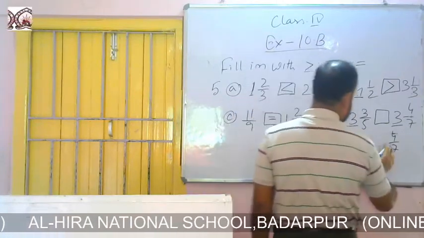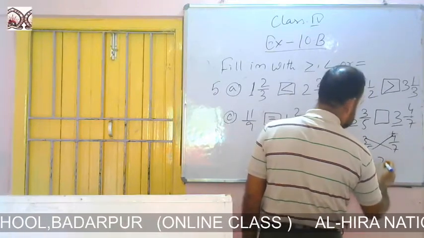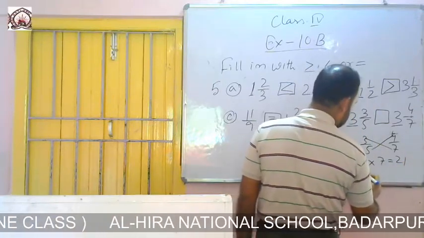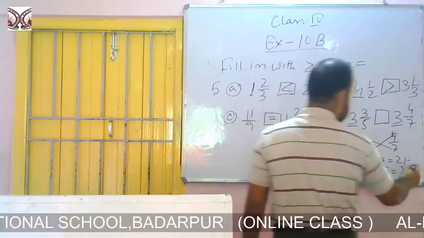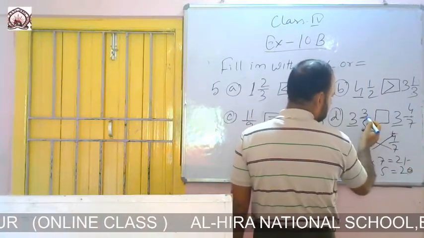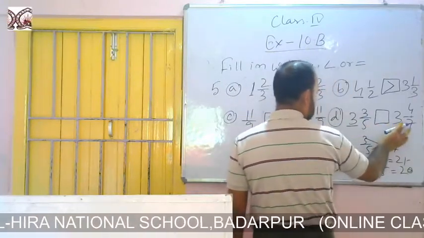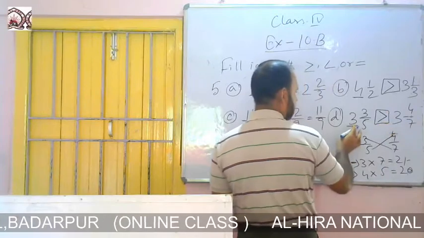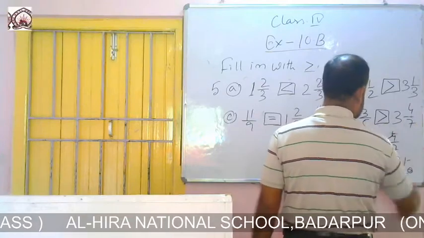It is an unlike fraction. So what to do? We do cross multiplication. 3 into 7, 7 3 are 21 and 4 into 5, 4 5 are 20. So 21 is greater than 20, that means 3 3 by 5 is greater than 3 4 by 7.